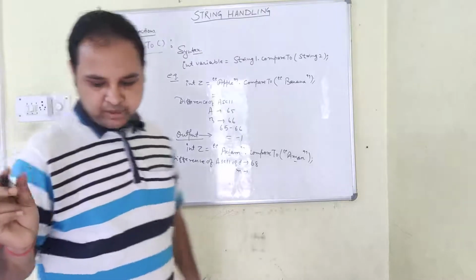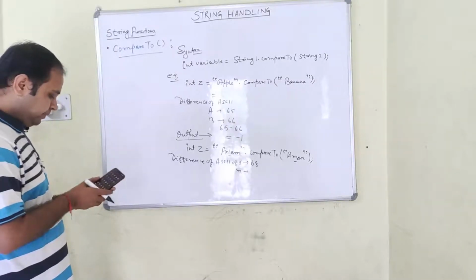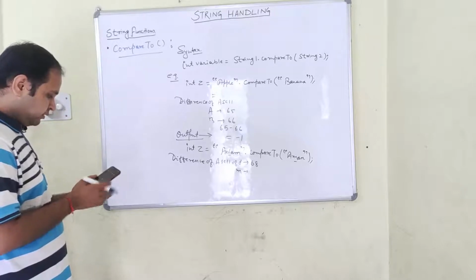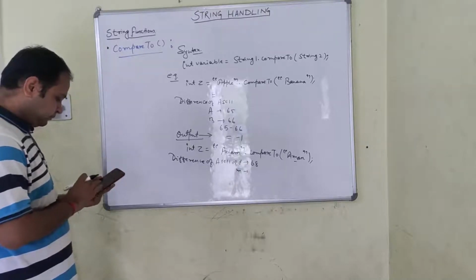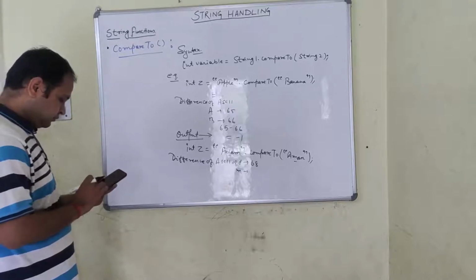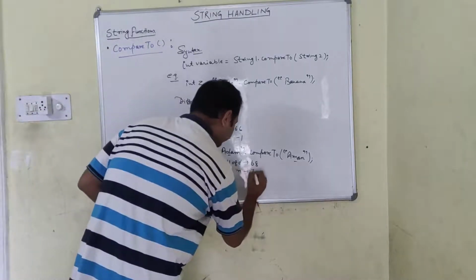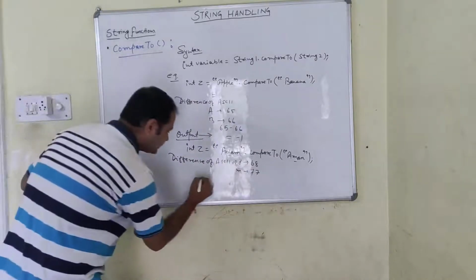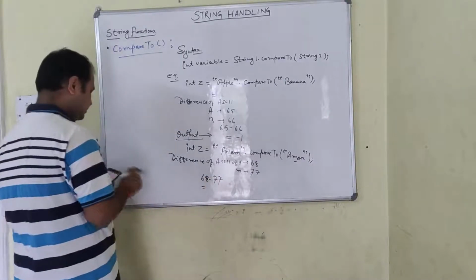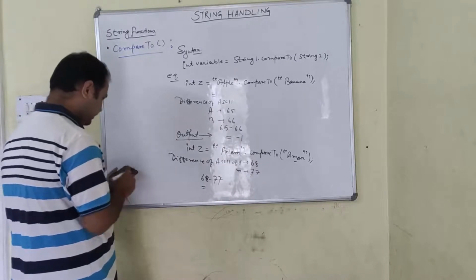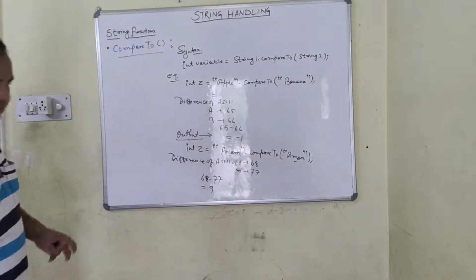And what will be the value of M? Capital M is given as 77. So 68 minus 77 is equal to minus 9.